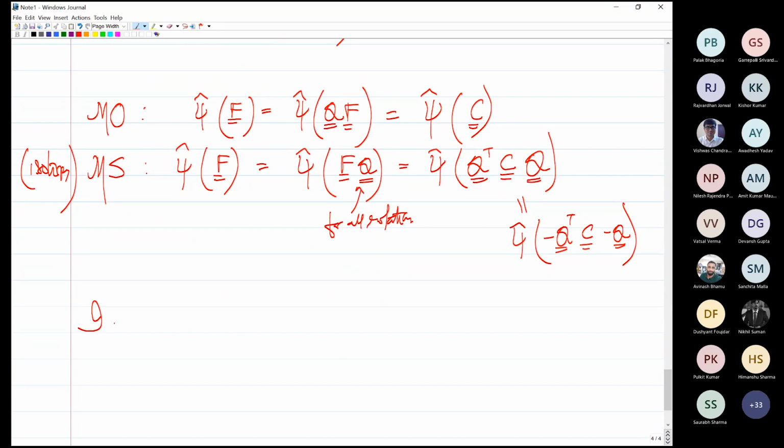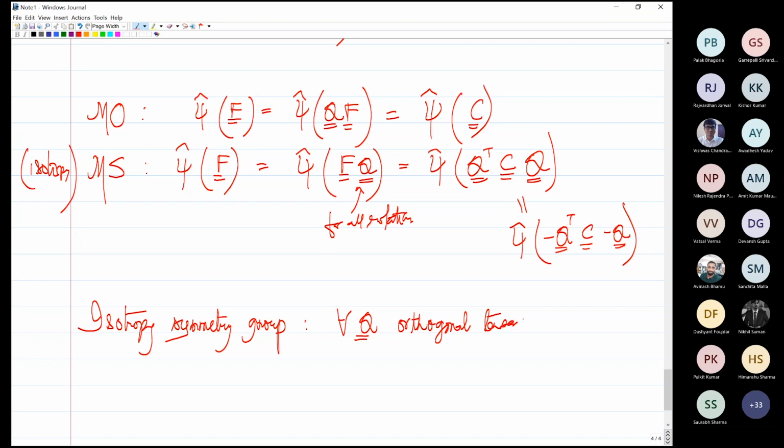Okay, so I'll write that isotropy symmetry group is for all Q which are orthogonal tensors, whose definition is that QQ transpose is identity, and also that determinant of Q is equal to plus minus 1.